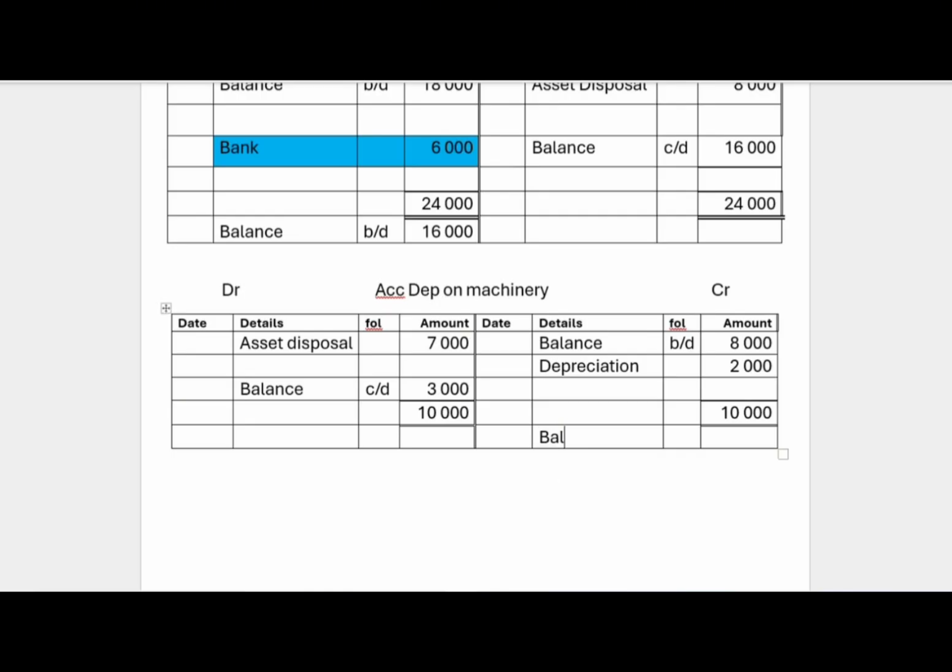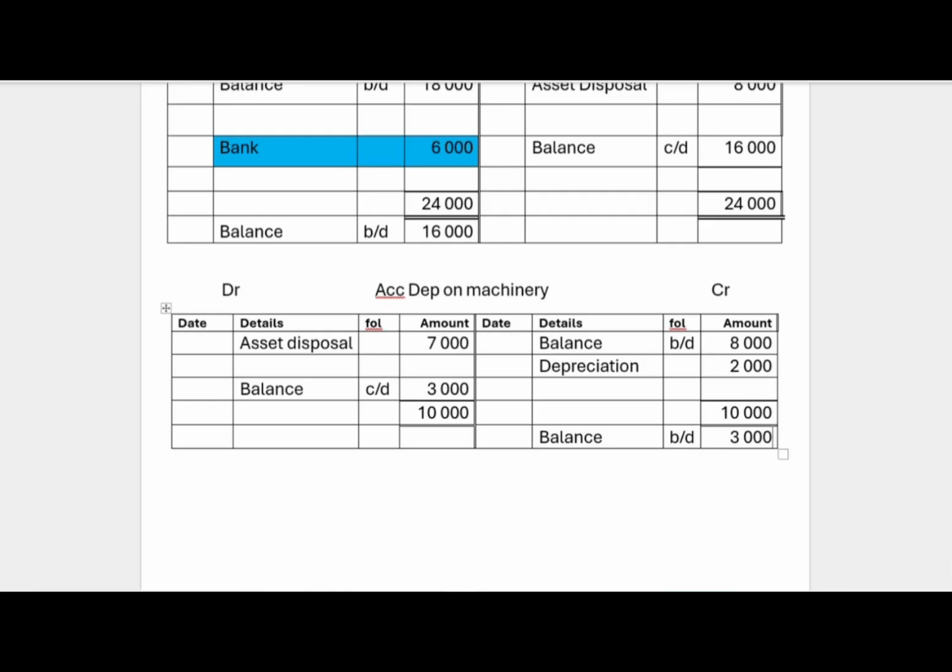So we're going to put it there, balance brought down of 3,000, which is this 3,000, right? But remember, there is nothing that we are going to record in the cash flow from the accumulated depreciation because there is no cash involved here. Depreciation is a non-cash item, so it cannot qualify to go to our cash flow, right?